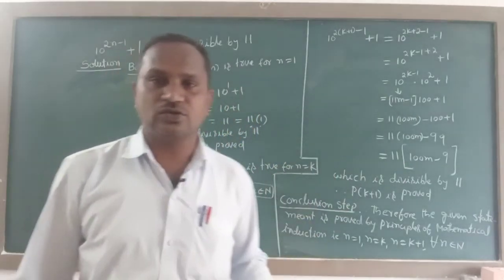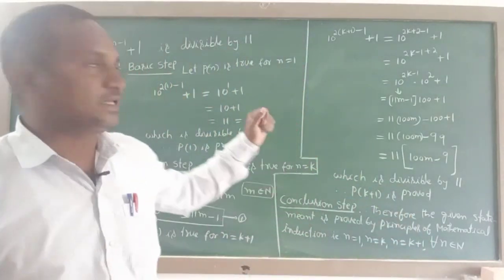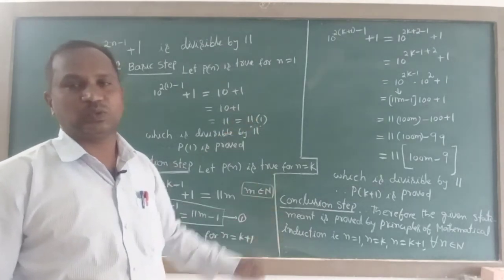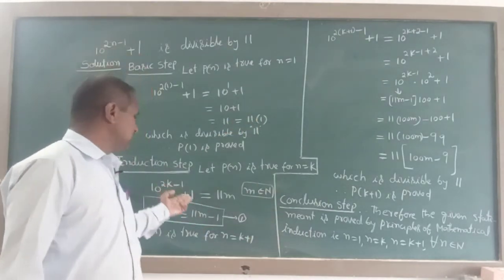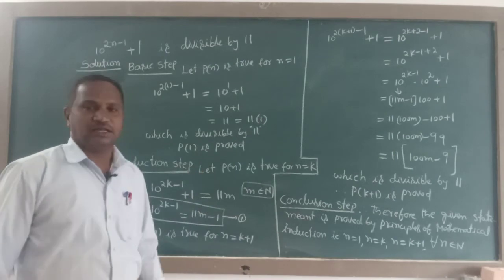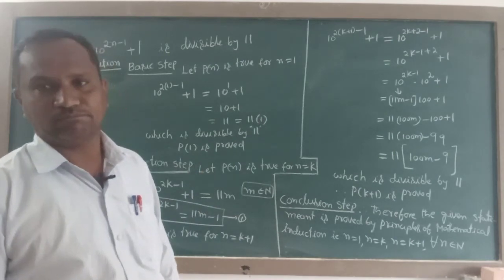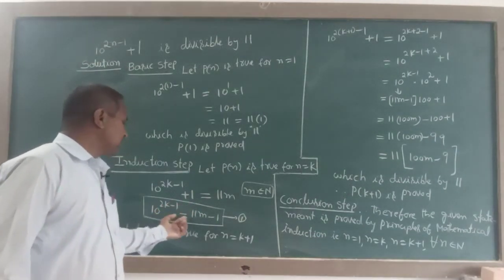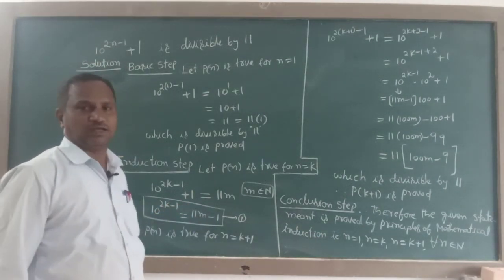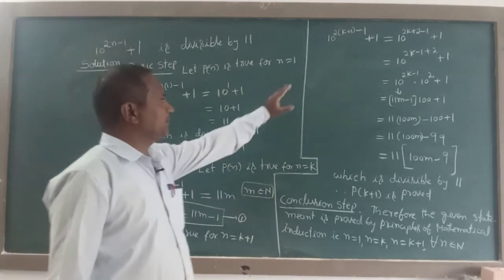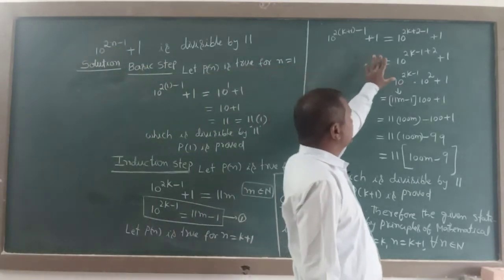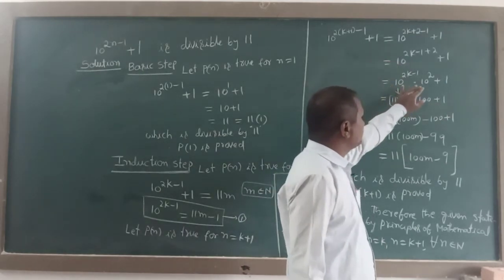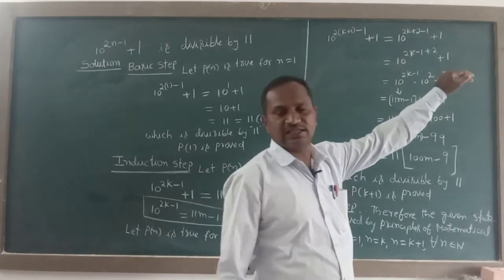For this question also, first we verified with n is equal to 1. In case of n is equal to 1, we got 11, which can be written as 11 into 1. In case of n is equal to k, we considered 11m, so 10 to the power of 2k minus 1 is equal to 11m minus 1. In case of n is equal to k plus 1, instead of n we substituted k plus 1 and worked out the solution. In that solution, we got 10 to the power of 2k minus 1.